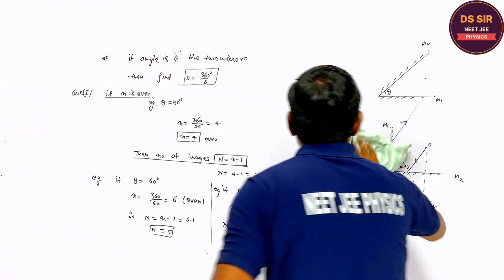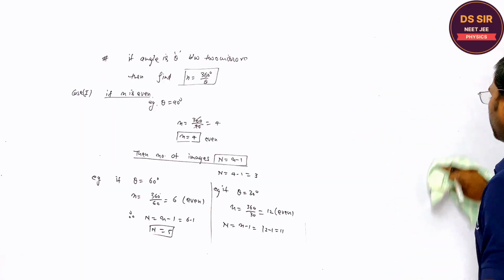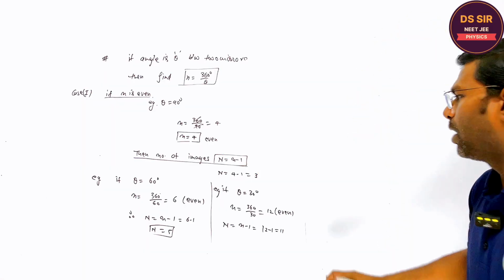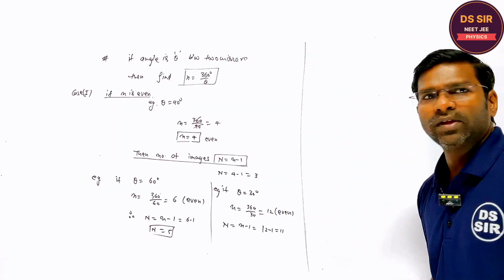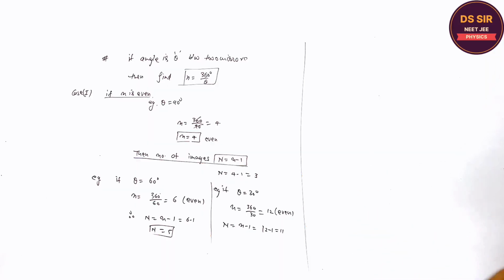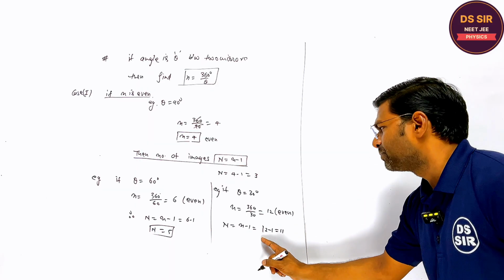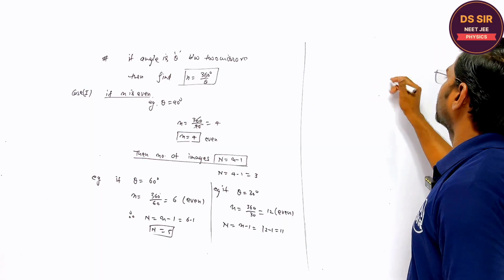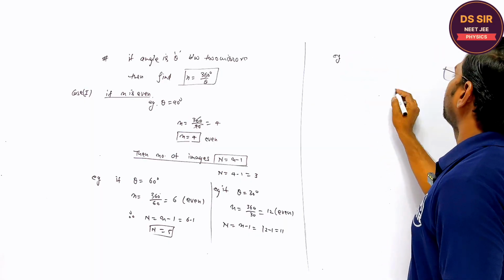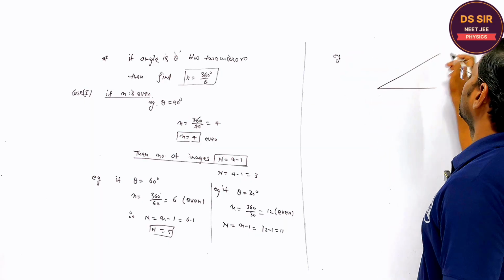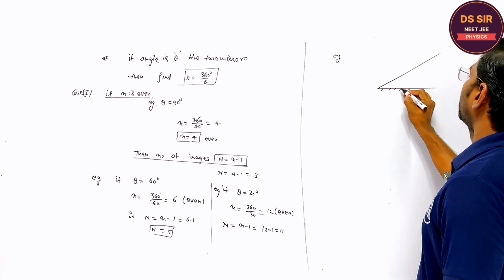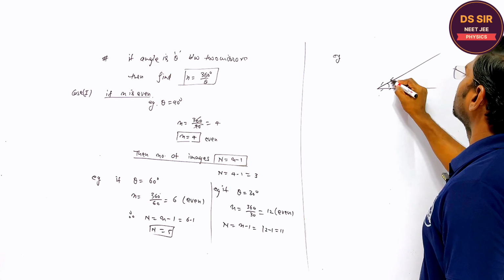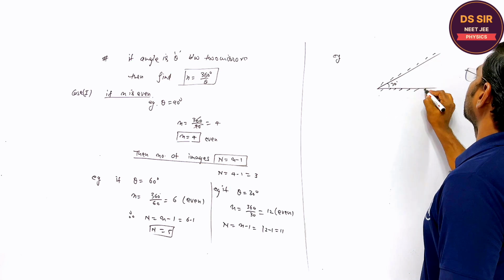Listen one more thing. Although this is the formula, how do we find the position of the images formed by the two mirrors? For example, I am taking this example. This is mirror 1, this is mirror 2, and the angle between them is say 30 degree.